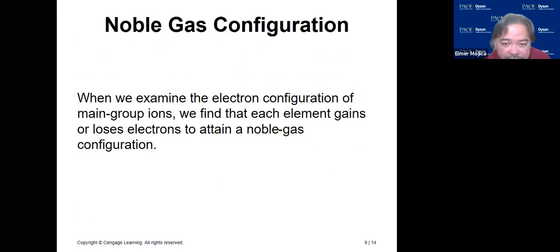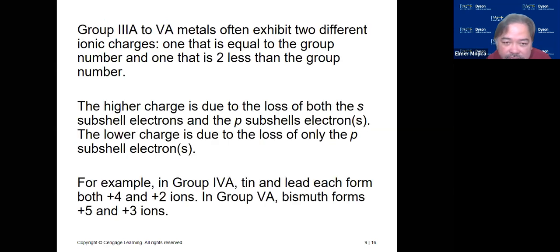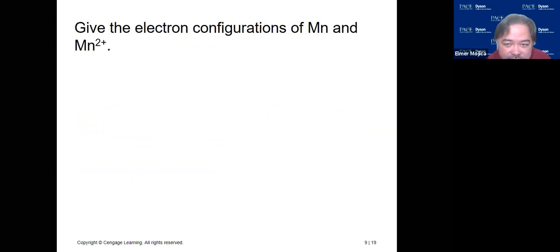Okay, and we also said that whenever there is an exchange of electrons, most of the elements tend to gain an electron configuration similar to that of the noble gases. So if I'm not mistaken, we ended with this one, where we said that if we have a transition element, the outermost electrons that are lost are the ones found in the s orbital and not in the d orbital.